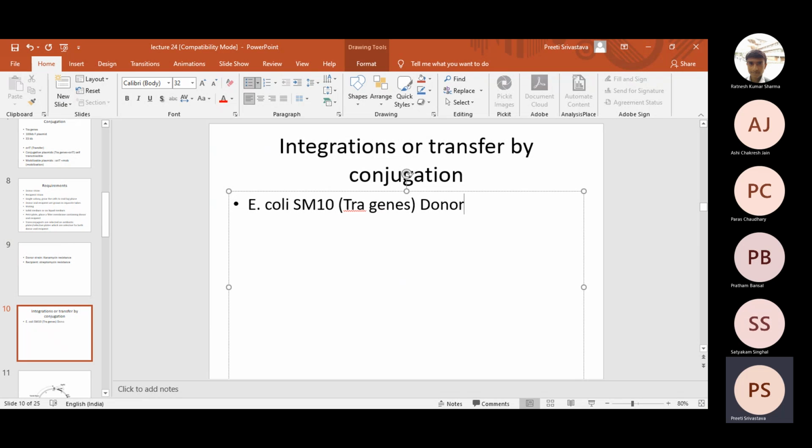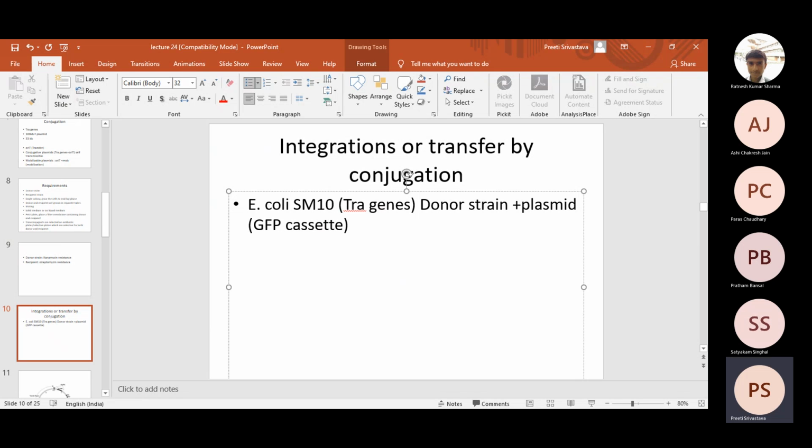This is usually the donor strain, and in this you can transform the plasmid. Now the class knows how to do the transformation, so you can put the plasmid, for example, which contains the GFP gene.